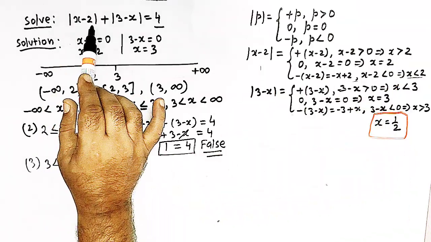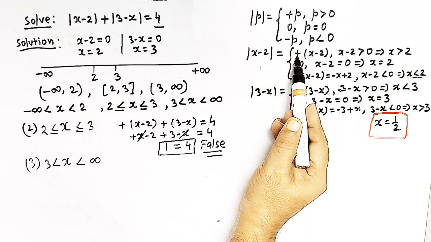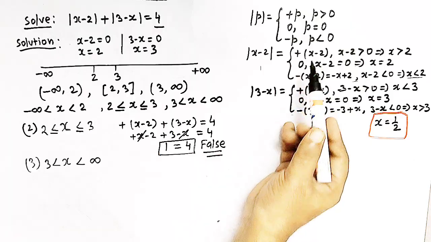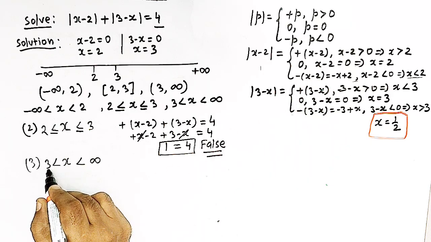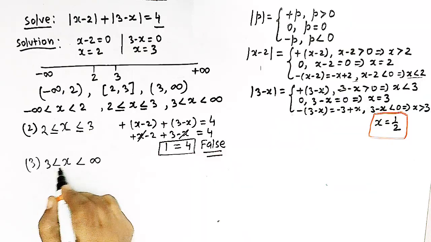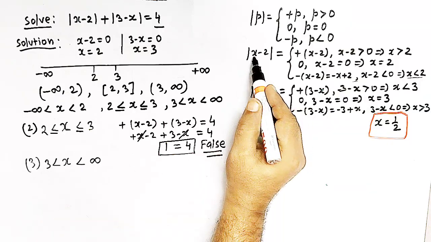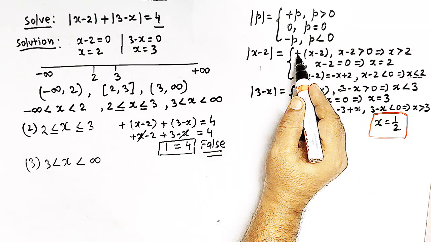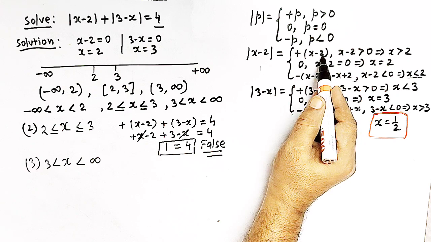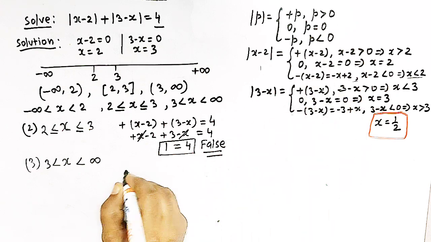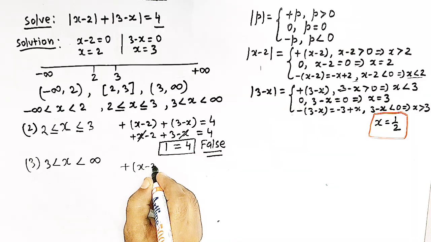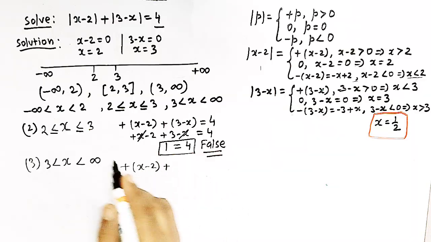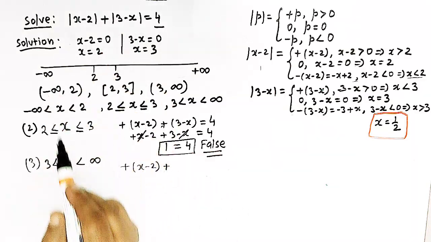So mod of x minus 2 is now equal to positive x minus 2, because here we are considering x greater than 3. So whenever x is greater than 3, then mod of x minus 2 is equal to positive x minus 2.